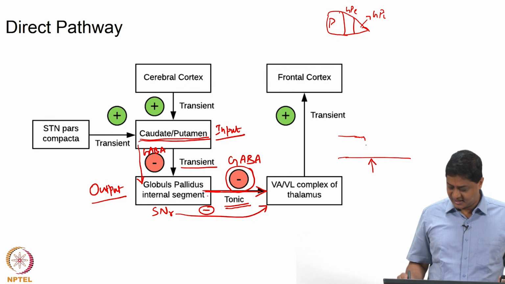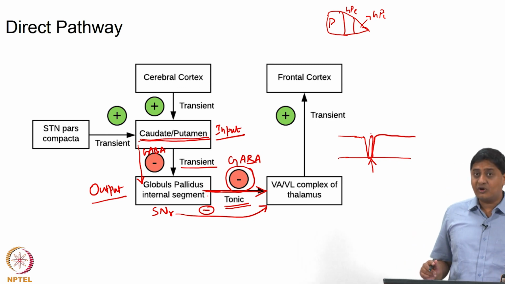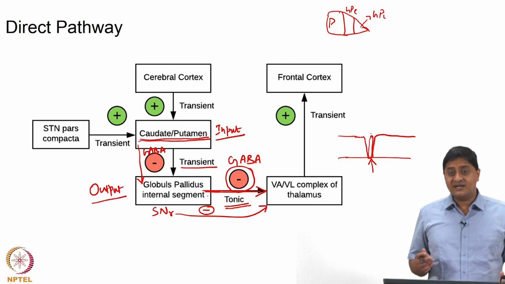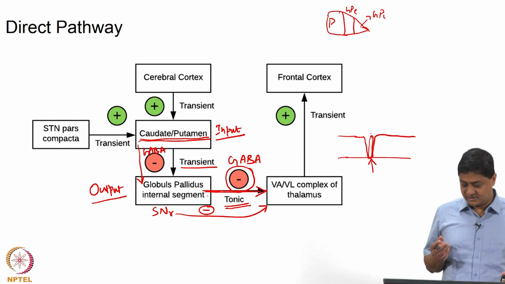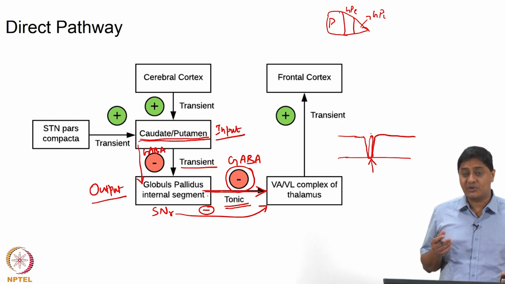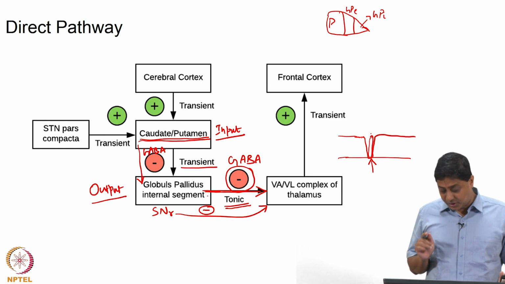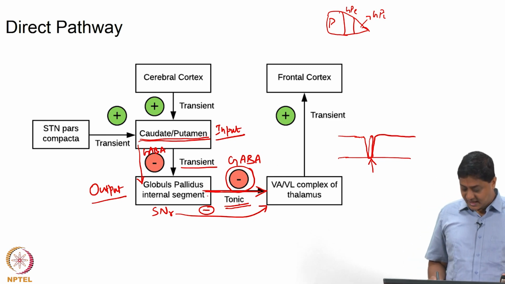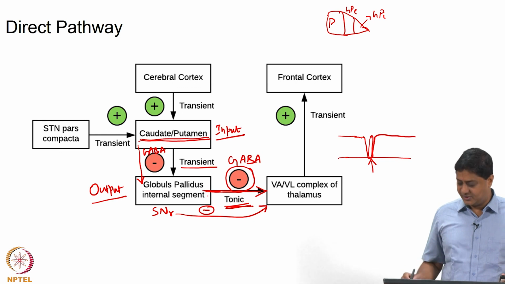Then at that point the inhibition of the thalamocortical neurons comes down and then it continues again. So, during this brief period, the excitation level of the thalamocortical neurons increases, or the probability that they will get excited is higher because they are not getting tonically inhibited. Essentially you have an inhibition that is tonic, and that tonic inhibition itself is transiently inhibited.